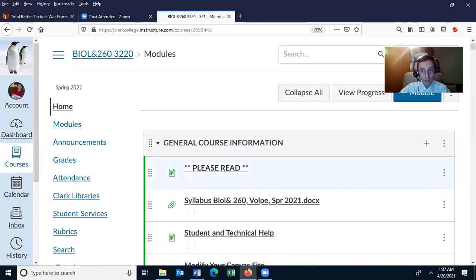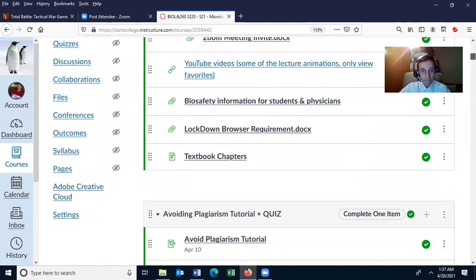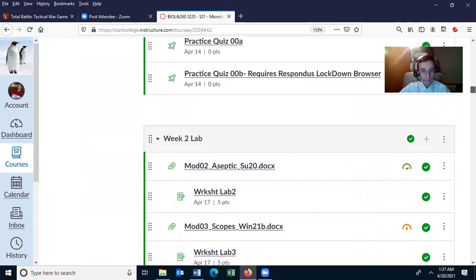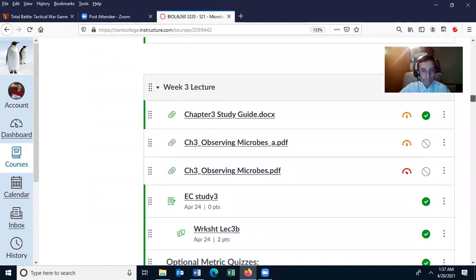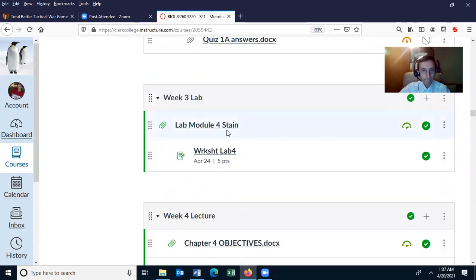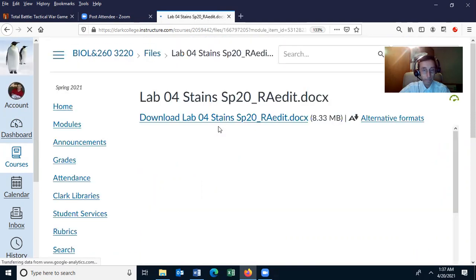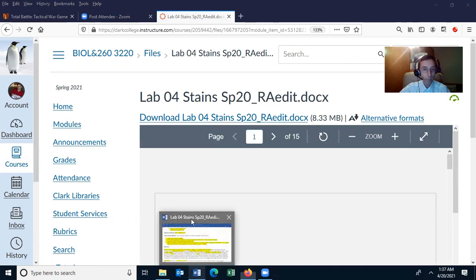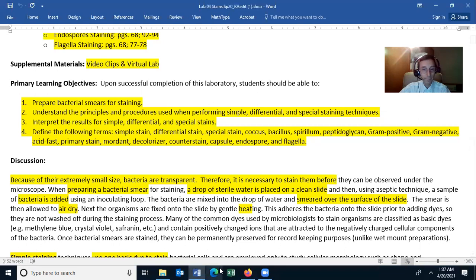But the virtual lab will only be there if we have the latest version. So let me look at that. Spring 2020. Ah, it looks good. Okay.